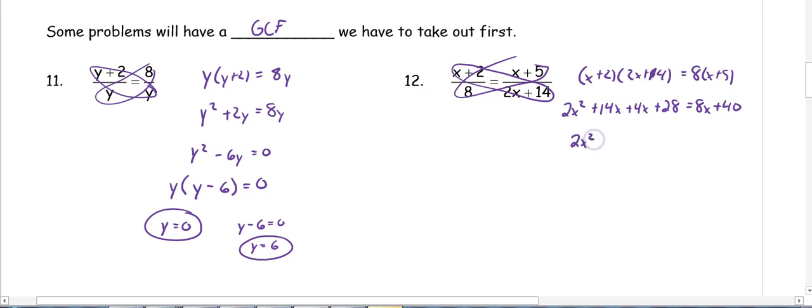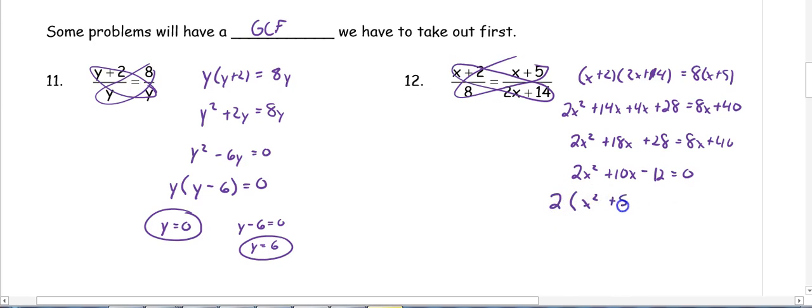So I can combine my like terms. 2x squared plus 18x plus 28 equals 8x plus 40. We can subtract 8x and 40 from both sides, so we get 2x squared plus 10x minus 12 equals 0. Now, to pull out a GCF here, every number is divisible by 2, so we're going to put 2 out front.